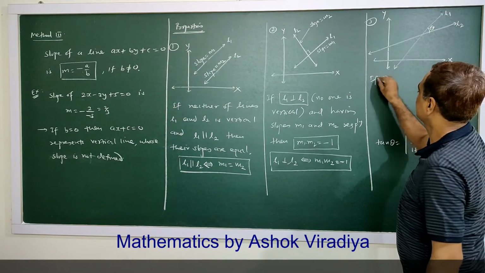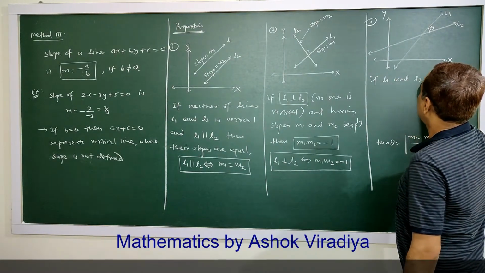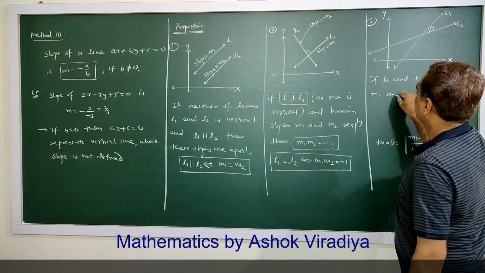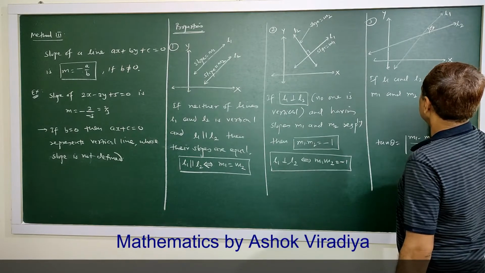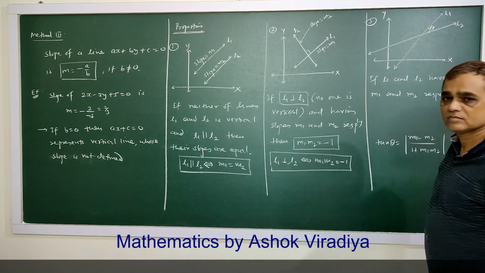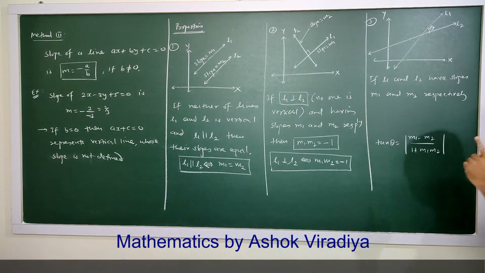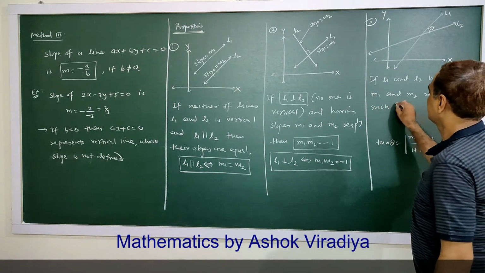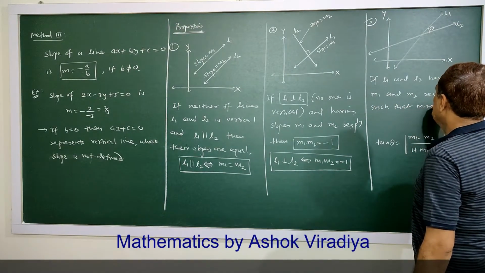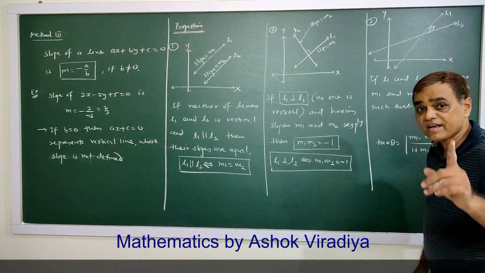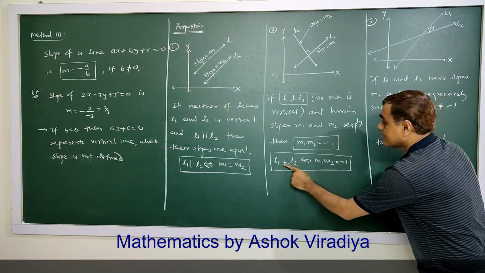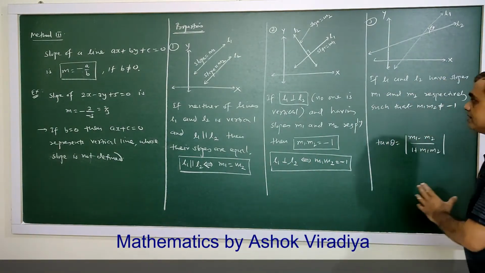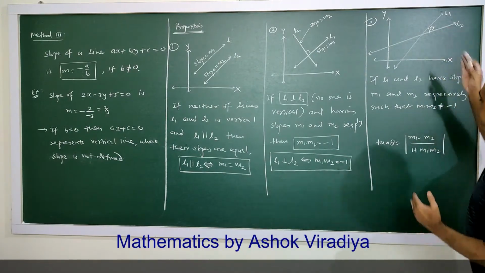If L1 and L2 have slopes M1 and M2 respectively, such that M1 into M2 is not minus 1 (if M1 into M2 is minus 1, the lines are perpendicular), then the angle between them can be found by this formula.